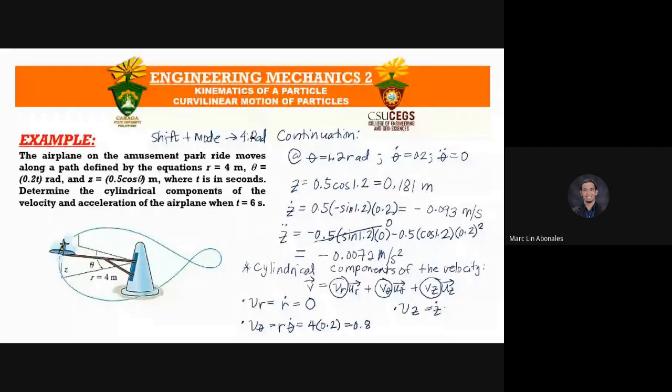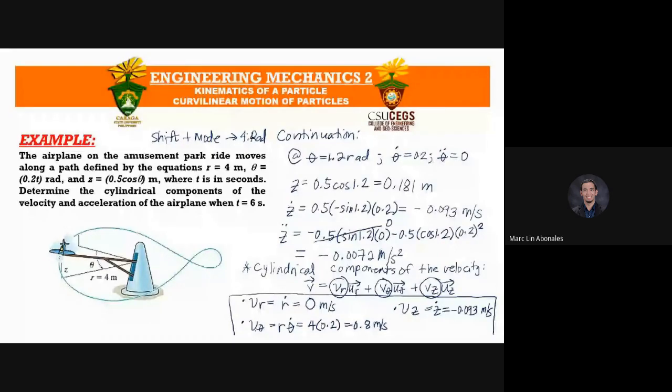What I showed you kanina sa isa ka slide, atong na ay cylindrical coordinates. So ang VZ nato is Z dot. And that is equal to, base atong gi-compute dire, negative 0.093. So the unit is meter per second, and meter per second. So these are your cylindrical components or coordinates of your velocity.